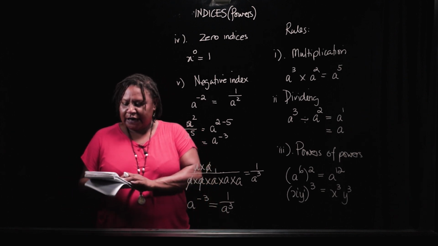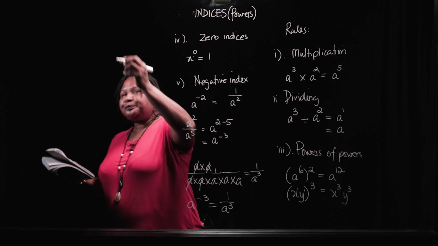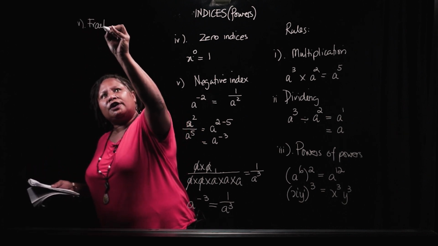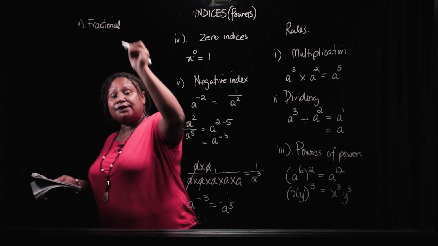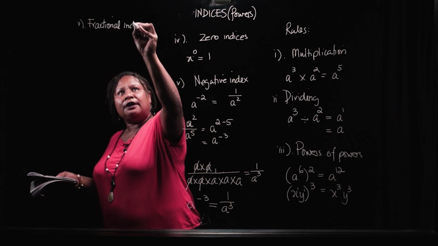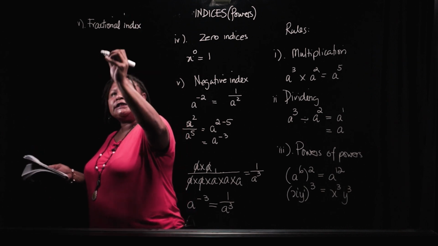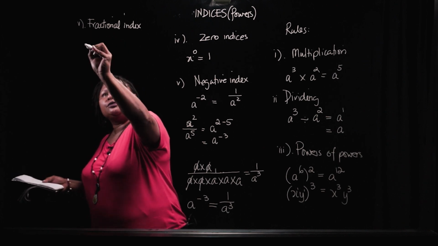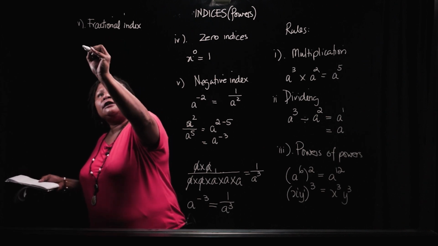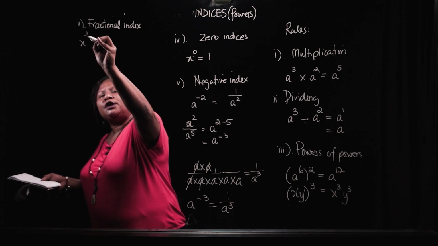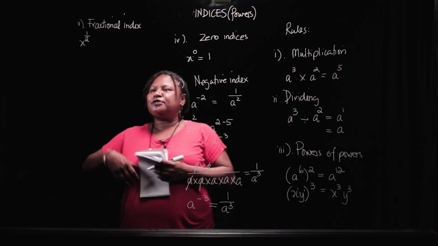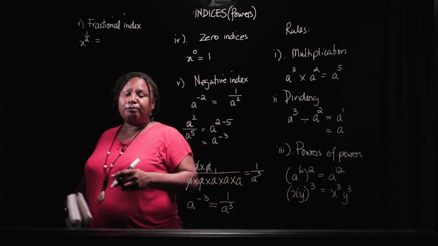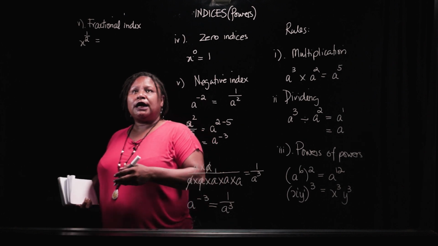The last rule we are going to look at is what we call the fractional index, meaning a number is raised to a fraction. Here, let's take the term x to the power of 1 over 2. Any number that is raised to a fraction is converted to a root form.